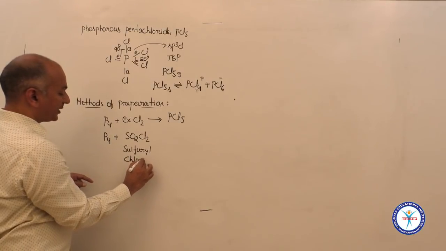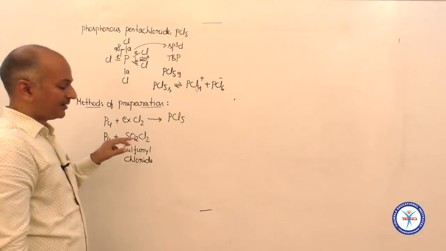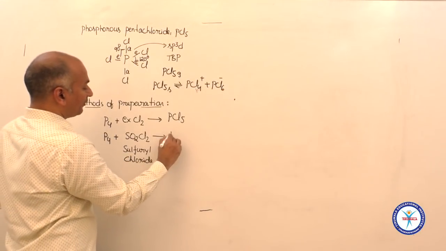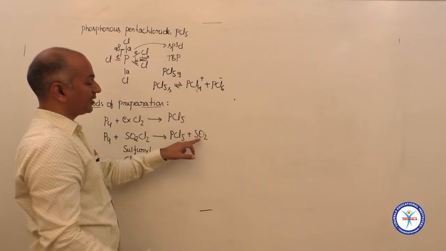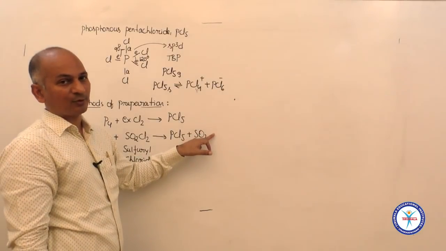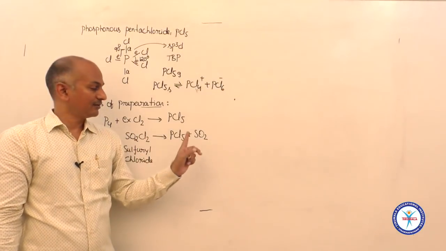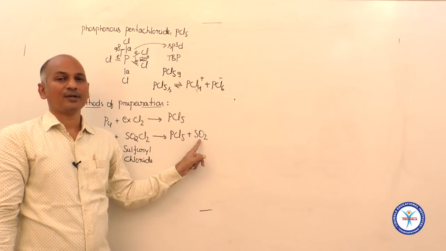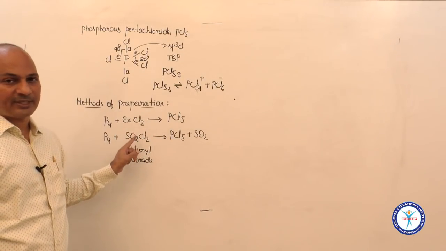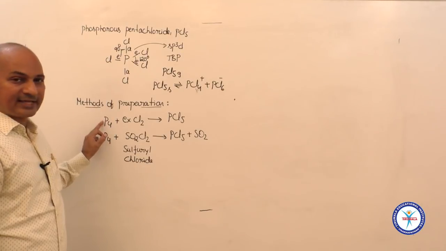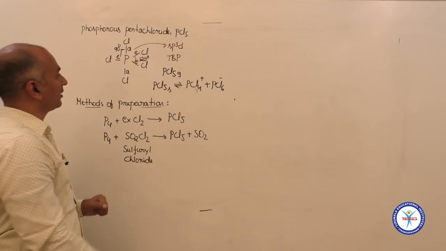And this compound is obtained when H2SO4 is treated with PCl5. Okay. And you will get PCl5 plus SO2. Same product. But there is no S2Cl2 here. That is the only difference. In that case, we got two products of sulfur, here only one product. So there are two important methods of preparation of PCl5. One is reaction with excess chlorine, and another one is reaction with sulfuryl chloride.